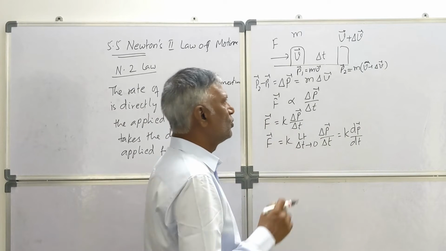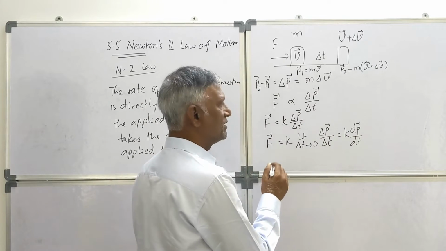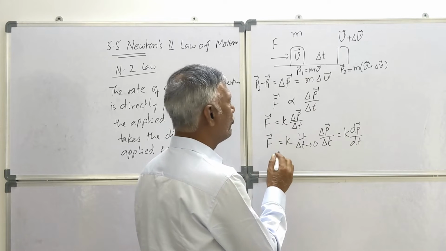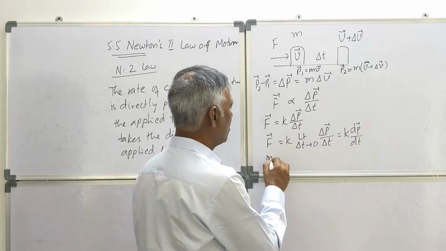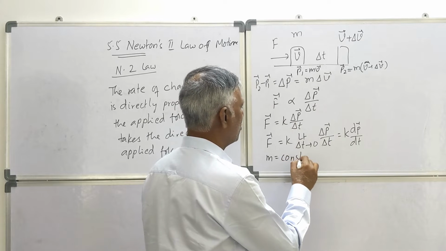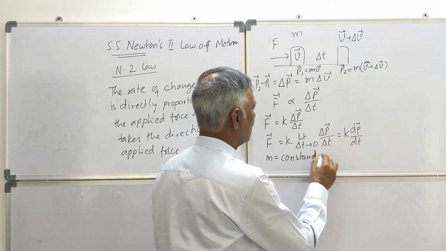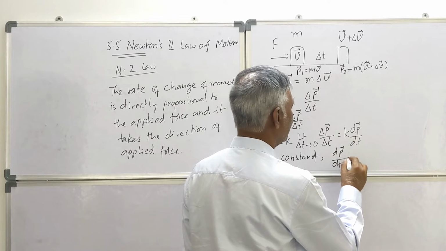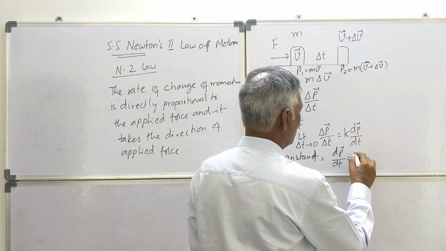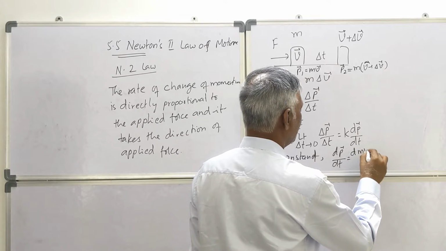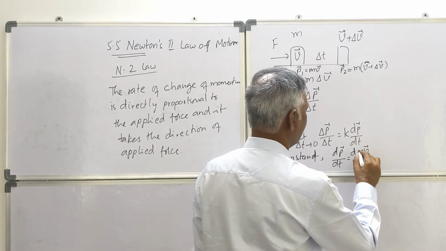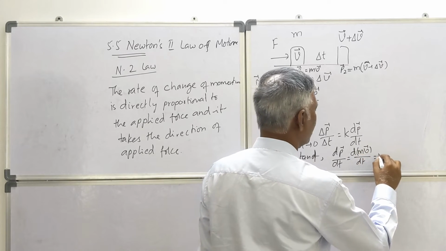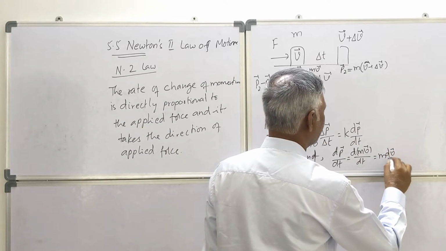So now what we can say is, for a fixed mass, if m is constant, then dp by dt is equal to d of mv by dt. M is constant, so m into dv by dt.